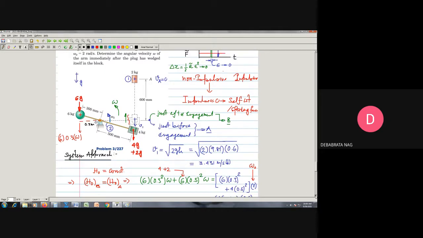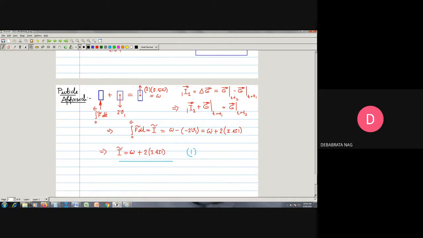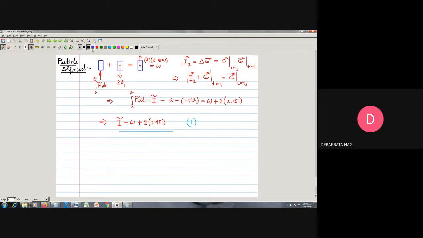Now what happens if we go by this particle approach? I can say that this entire assembly, again we are dealing with this case. Let's take this is the sphere, this is the rod, and this is the socket.